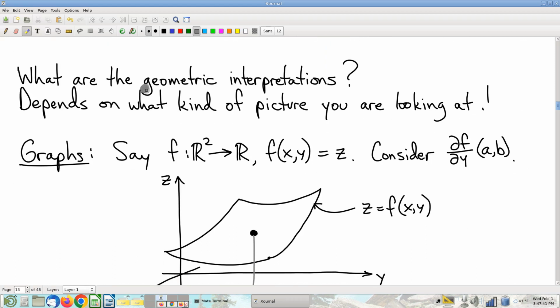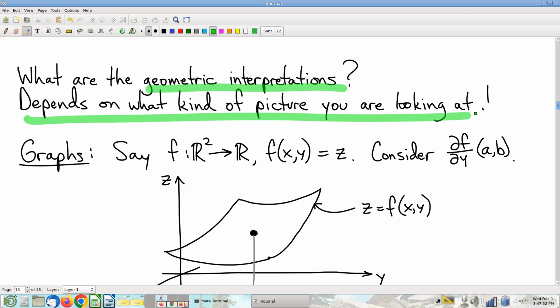What are the geometric interpretations? And I'm going to remind you that the answer to this question depends on what kind of picture you're looking at. We talked about this last time, or the time before, and graphs are a completely different construction from level sets.